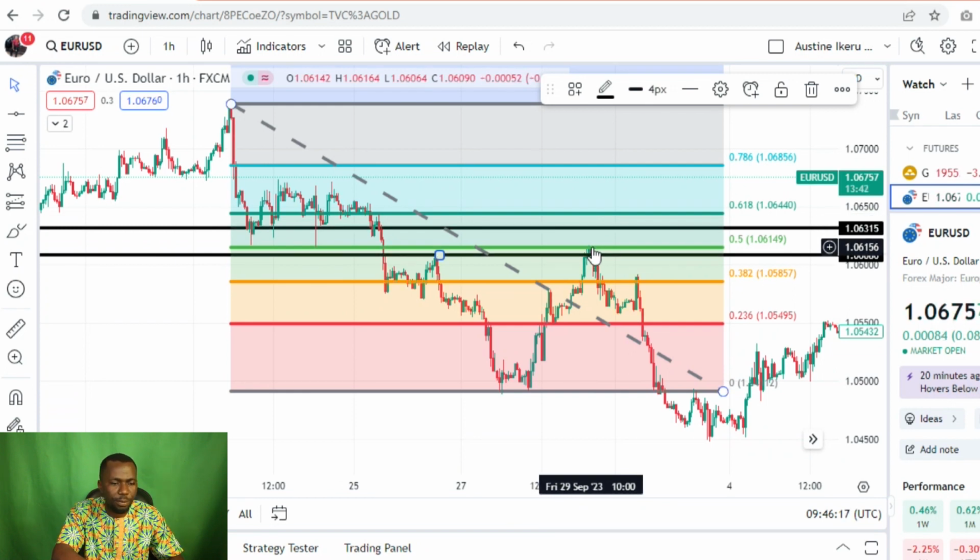So where will be your take profit? Your take profit will be at the previous swing low, which is this, right? So once you place your sell trade here, your stop loss will be above this level and your take profit will be at the previous swing low.